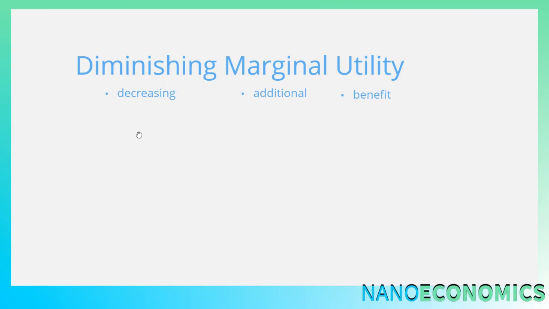But over time, the same satisfaction can't be provided by the same activity. It's rare that you watch the same movie 100 times and you're laughing as hard the 100th time as you did the first. Maybe there are some, but in most cases, we're looking at diminishing additional benefit when we watch our favorite movie.